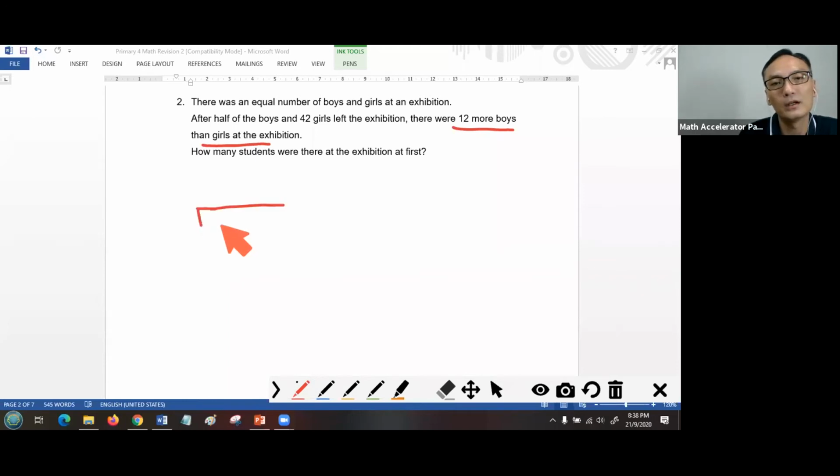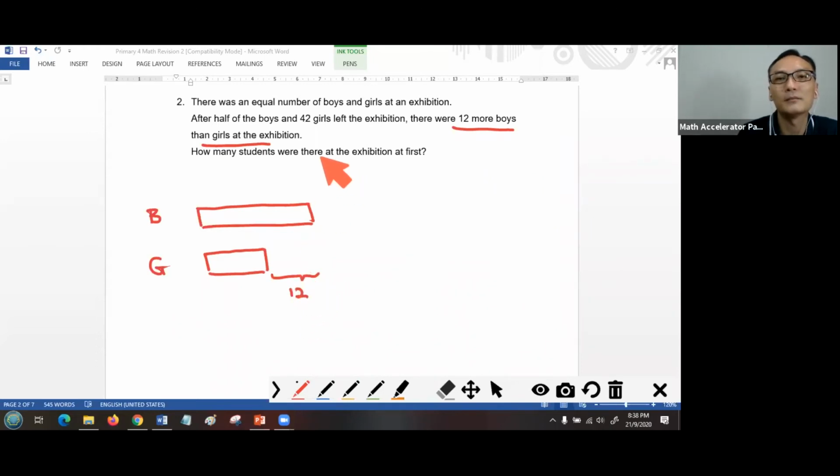Right, so we're going to illustrate 12 more boys than girls first. So here are the boys. The girls, we draw slightly shorter. And this portion is 12. Now, then we work backwards. We have to add back 42 girls and we have to add back half the boys, right? So this is half of the boys left. So we add the equal model to indicate the equal half.